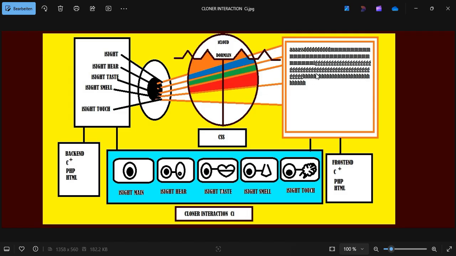And because of this, the brain interacts with this through the domain and the eye cloud, and it tends to be what is known as eye cloner interaction CI. The brain and the eyes, through the brain, can clone images, clone text, and clone senses that are attached to those texts in terms of word and text. And perception, that's text perception.